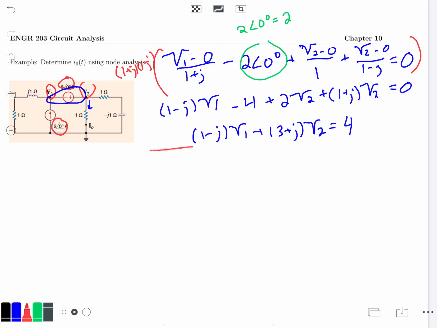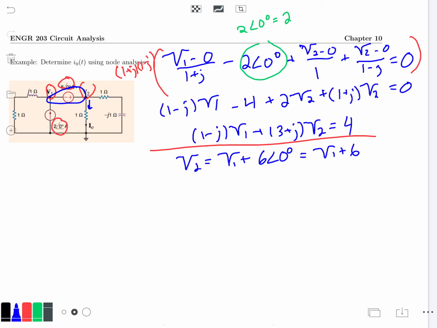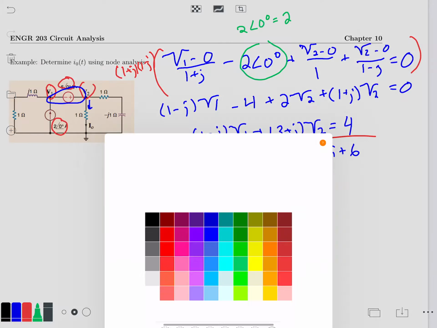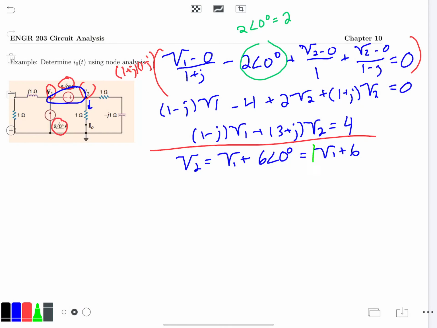Now I need my second equation. I do node voltage to this a second terminal. Oh wait, I can't because it was a supernode. So instead I would do the equation for the supernode that V2 is equal to V1 plus 6 angle 0. And again, 6 angle 0 is just 6. So V2 is V1 plus 6. We will go ahead and take that and plug it in to V2 there.